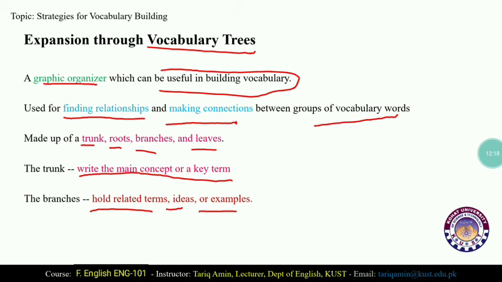In the trunk, we write the main concept, the key term, or the main word. In the different branches, we write its synonyms, antonyms, related terms, the connotative meanings, and the denotative meanings of the word. So this is also one of the helpful strategies for building vocabulary.